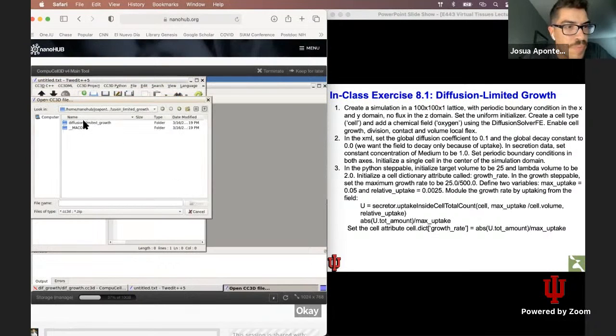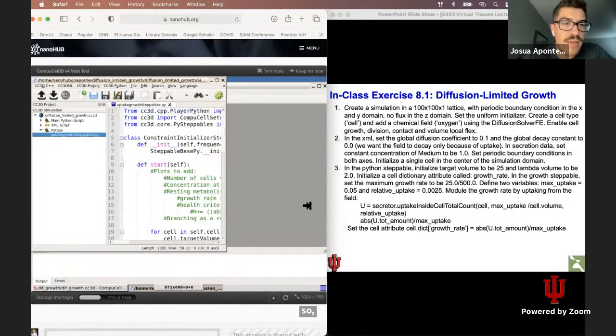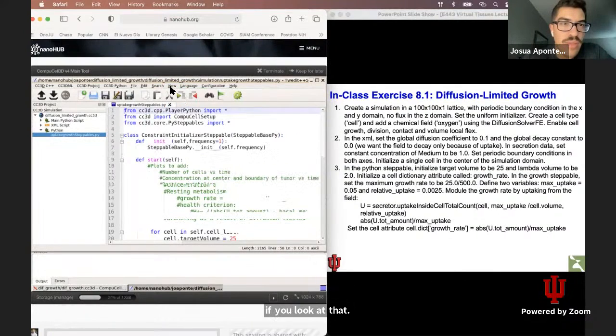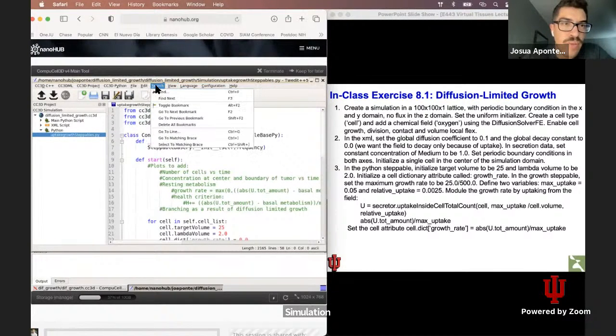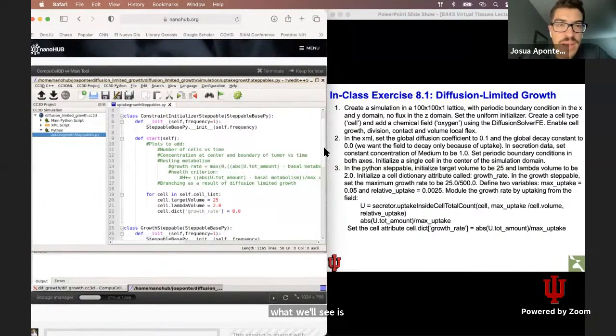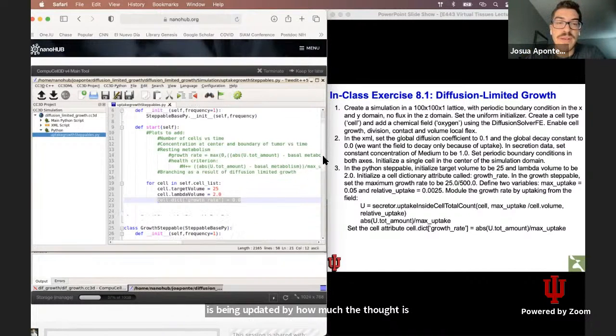So if you look at that simulation, in the steppable functions, what we'll see is that I have defined this salt dictionary item, growth rate, that I'm gonna use to track how the growth rate is being updated by how much the salt is uptaken from the environment.